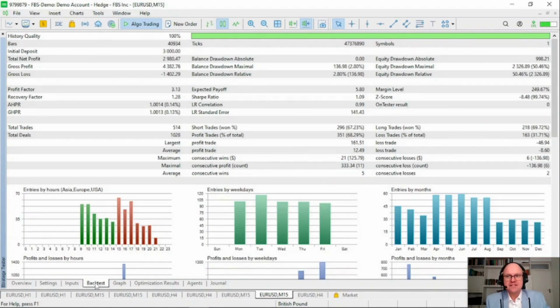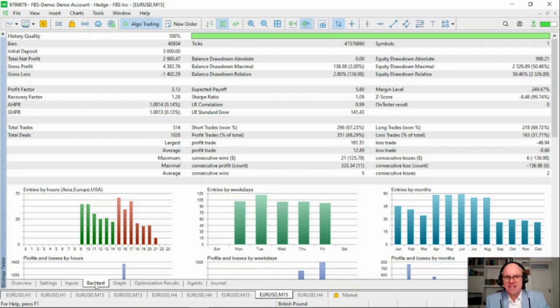So from the backtesting results, we see a total net profit of $2,980.47 during the period, with a profit factor of 3.13. We did have a very high equity drawdown of $2,326, or over 50%.